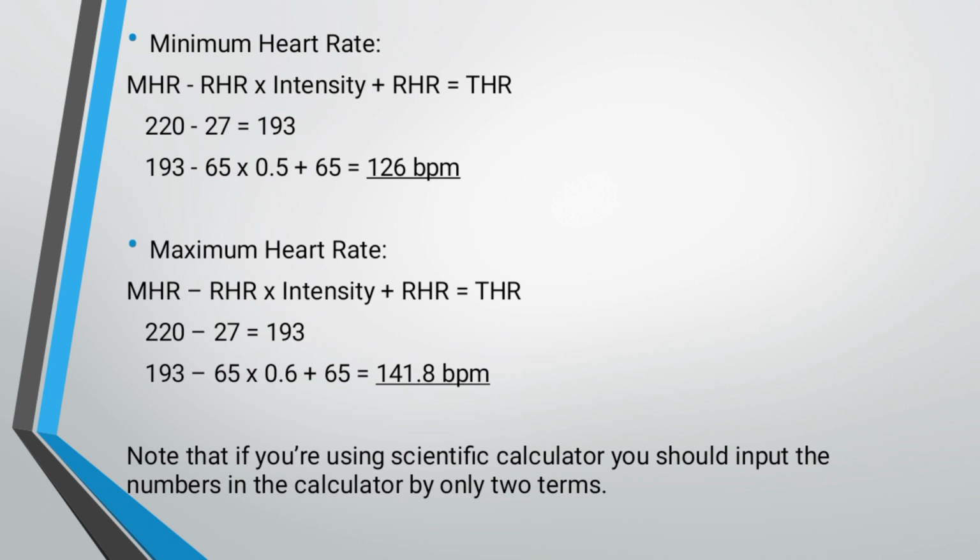Example, 193 minus 65, and the equal of that number, then the equal times 0.6, then equal plus 65. You cannot put it all in because of the PEMDAS principle.